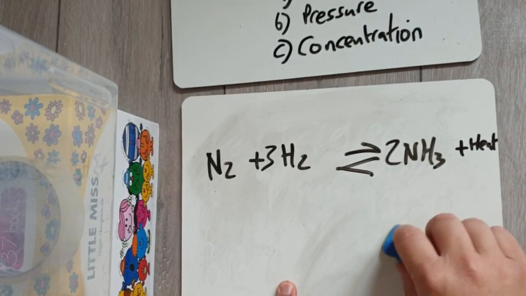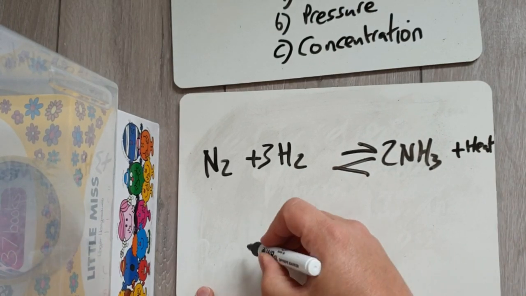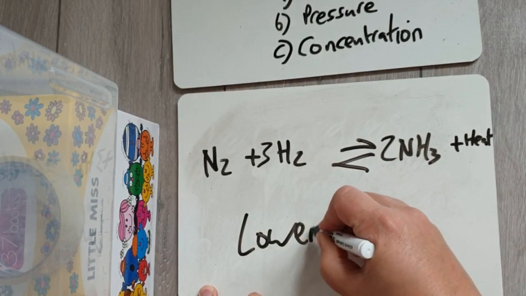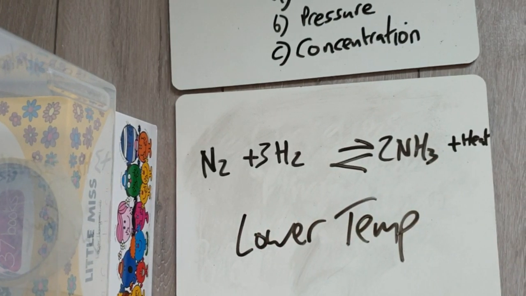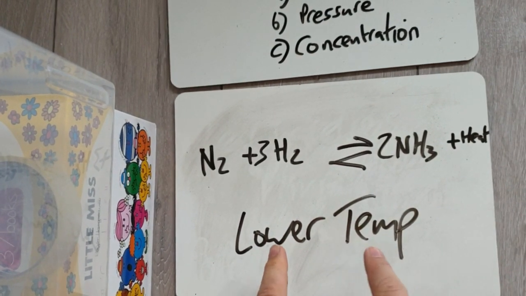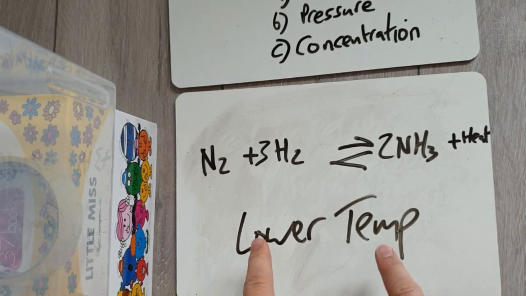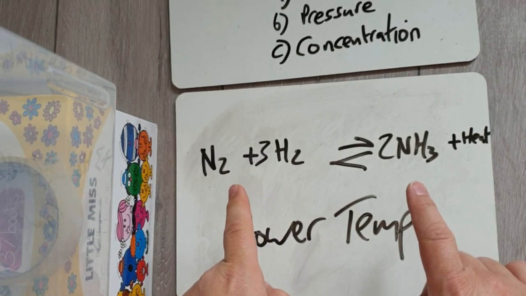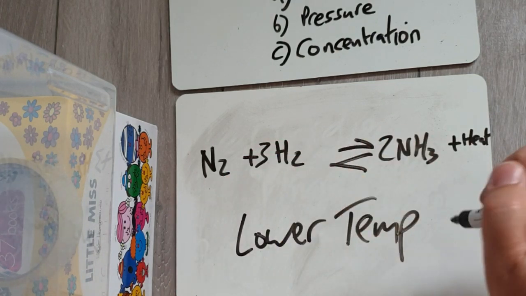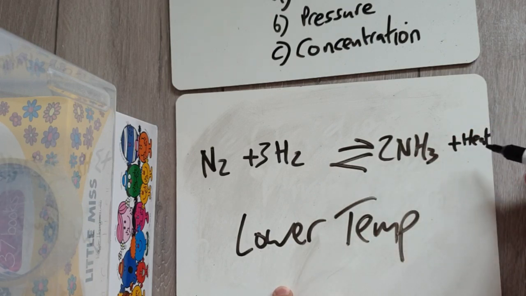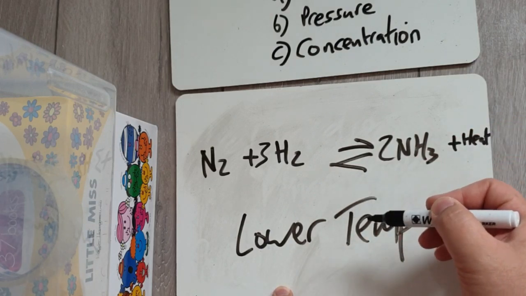So the same goes if we decrease the temperature. If we reduce the temperature, the equilibrium doesn't like it, fights back, and tries to do the opposite, tries to minimize whatever change we've done. So we lower the temperature, the equilibrium tries to increase the temperature. Which way is it going to shift to increase the temperature? Well, it's going to go to the right hand side because that creates more heat, which will make the temperature go back up.